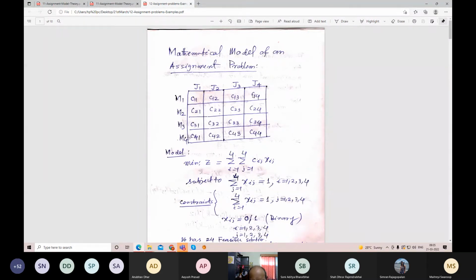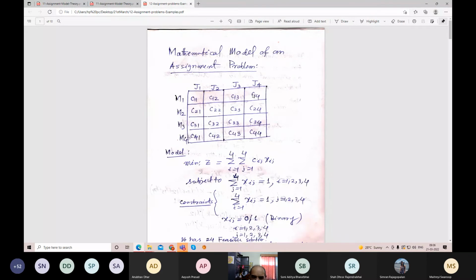If there are n square binary variables, only n are non-zero, that is 1, and the rest are all 0. So you only mention the non-zero variables. The 0 variables are not mentioned.